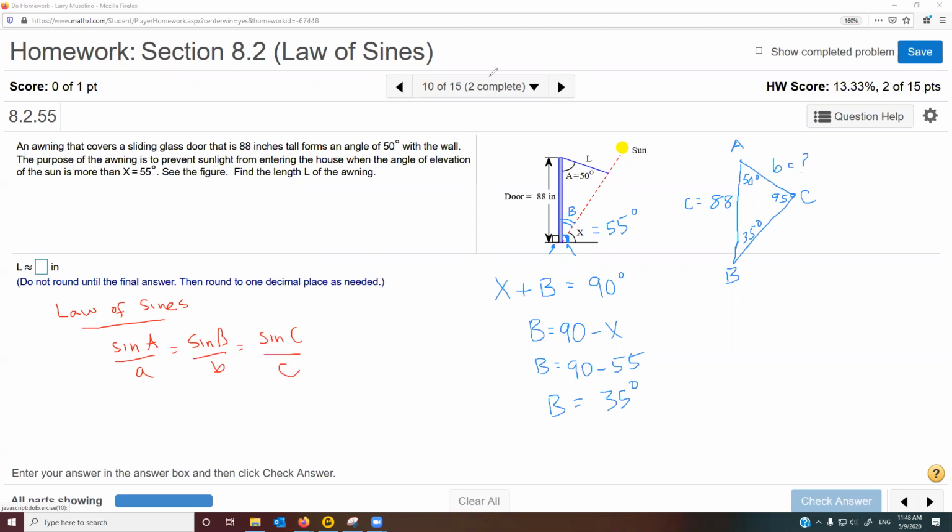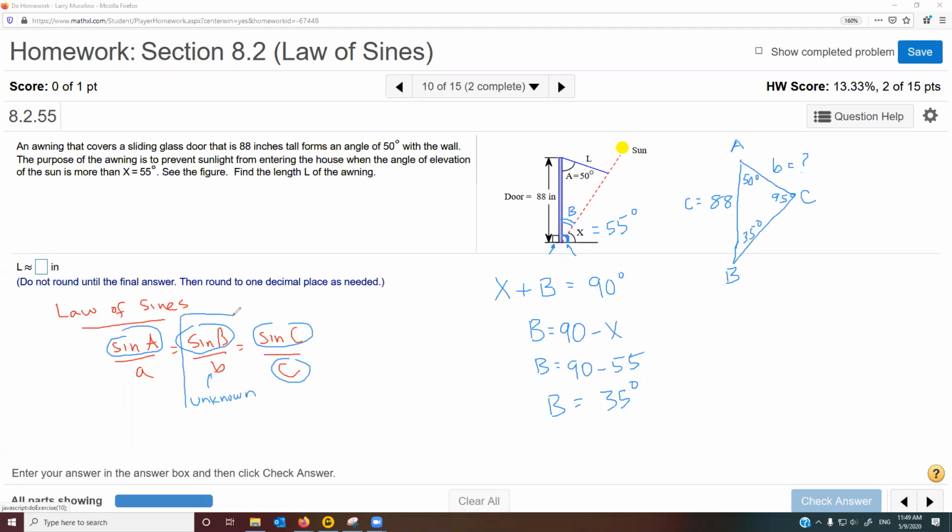I'm going to circle what I know and then see if I can write an equation to solve for the unknown quantity. Well, I know angles A, B, and C, so I'm going to circle those. And I know side C, and the unknown quantity is side B here.